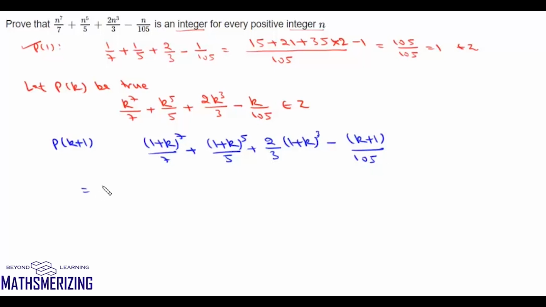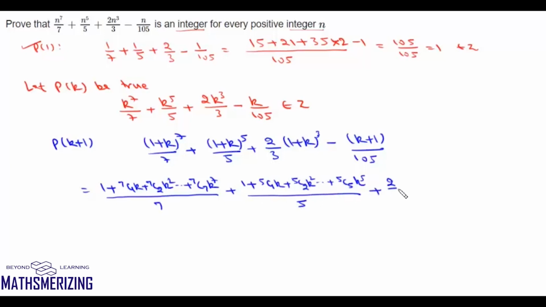Now we can write this expansion as 1 plus 7c1 into k, 7c2 into k square, and 7c7 into k to the power 7 whole divided by 7 plus, now this is 1 plus 5c1 into k, 5c2 into k square plus 5c5 into k to the power 5 whole divided by 5 plus 2 by 3, and this is 3c0, which is 1, plus 3c1 into k, 3c2 into k square, 3c3 into k cube, and then minus k plus 1 upon 105.